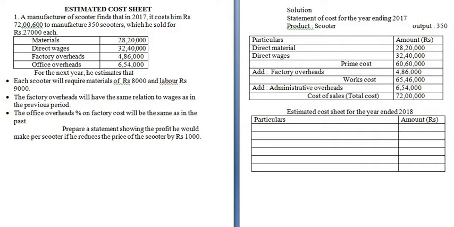Even in the problem I have given 72 lakhs 600, so it is 72 lakhs itself. Make a correction over there. Now this itself is called total cost or cost of sales.